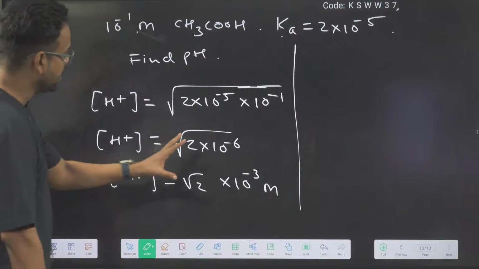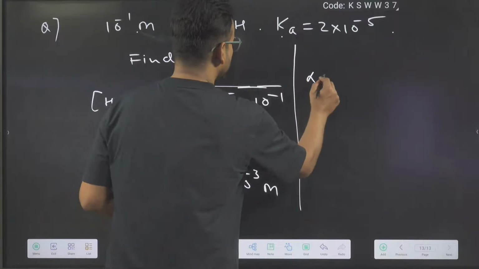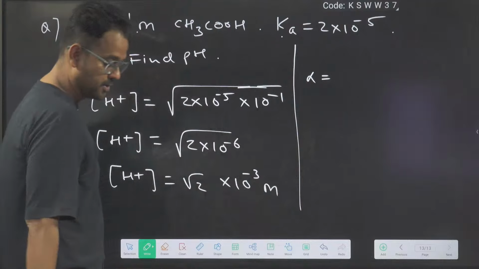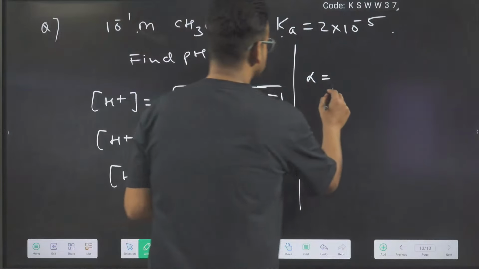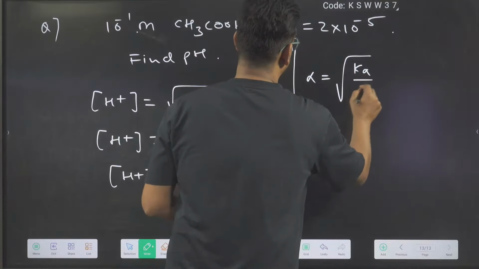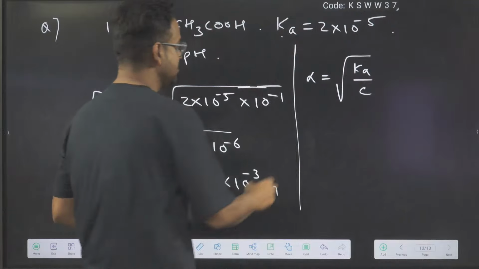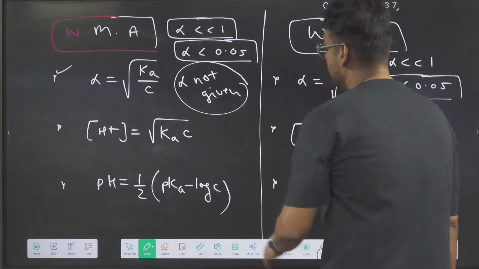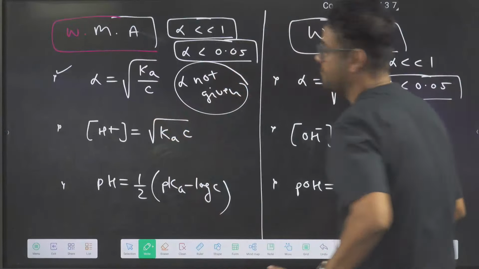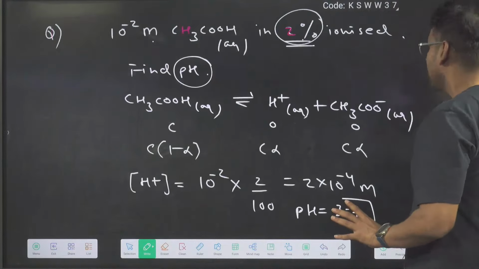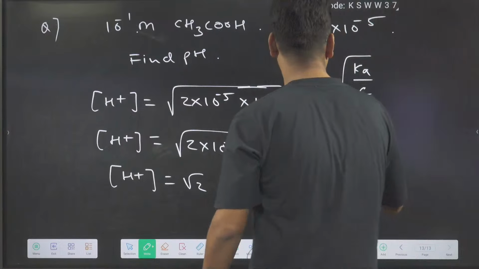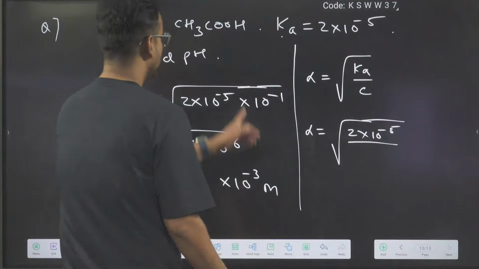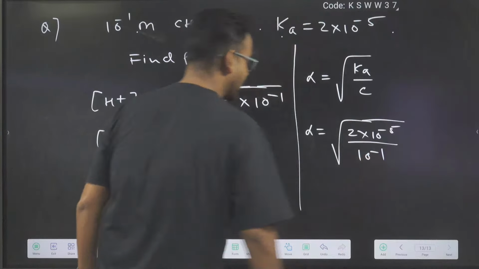So this is okay, but still at the back of your mind, you know that these formulas are valid when alpha value is small. So for the peace of your mind, you should once check under root Ka by C, which will be equal to, because I told you now that these formulas are applicable when alpha is small, 2 into 10 to the power minus 5 upon C, that is 10 to the power minus 1.